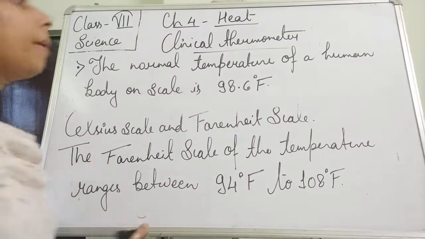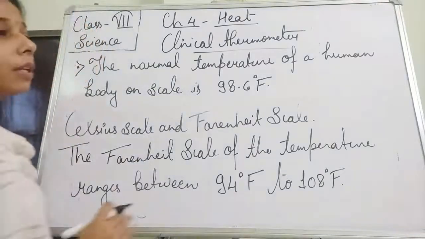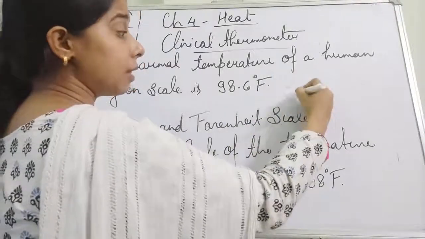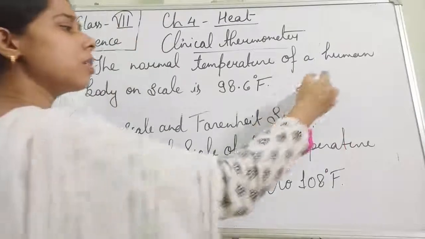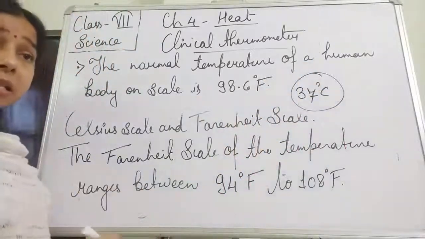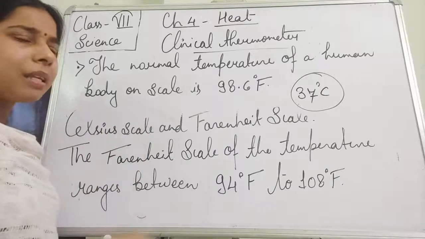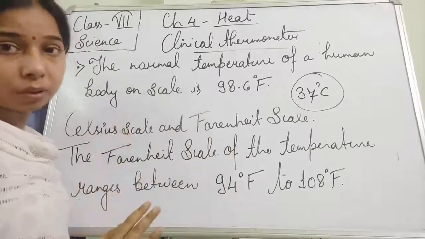Now, the normal temperature of a human body in a clinical thermometer in degrees Celsius is 37 degrees Celsius. When we say 37 degrees Celsius, it does not mean the person must have exactly 37 degrees Celsius. It can be slightly lower or slightly higher, that is okay, not more than that.